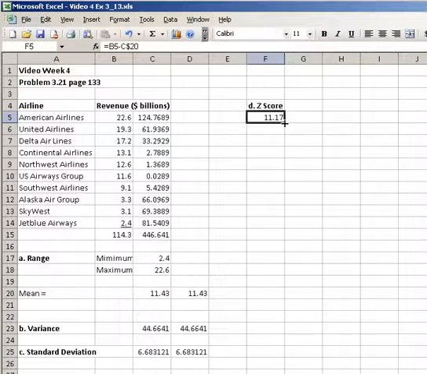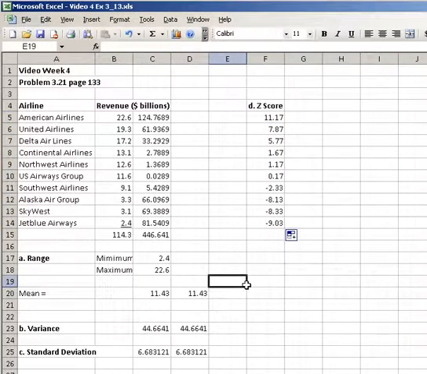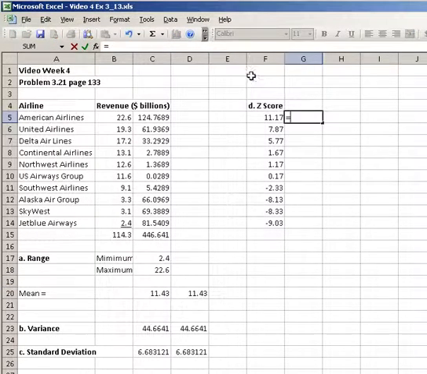And this tells us how many billions of dollars each of these is from the mean. Now you notice I haven't put in any squaring, so I have both positive and negative numbers now. So if I take that and say $11.7 billion deviation from the mean divided by the standard deviation, 6.68, and again I need to put a dollar sign in here because I want that to stay the same.